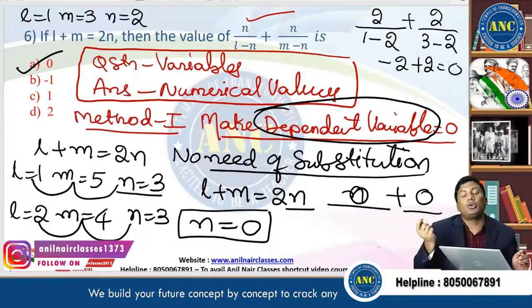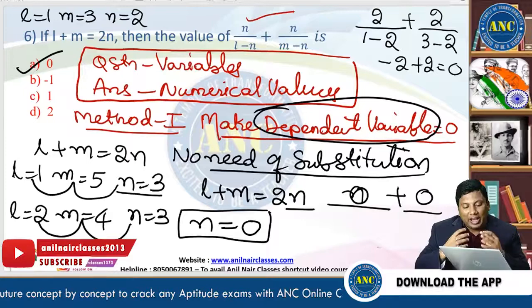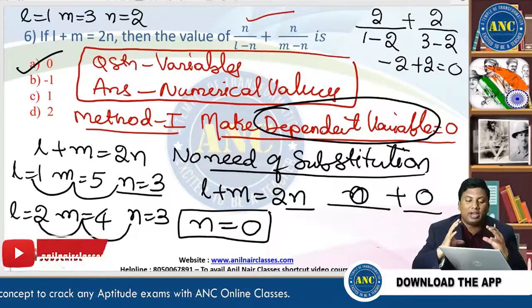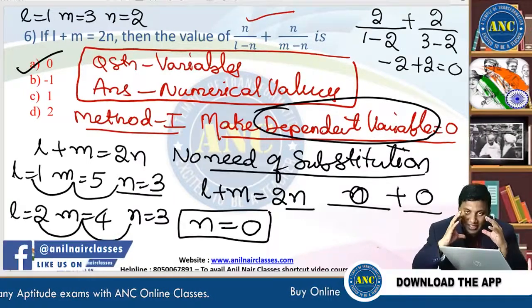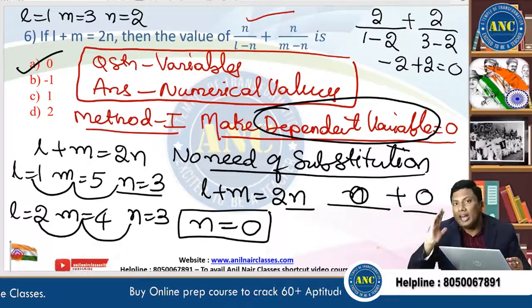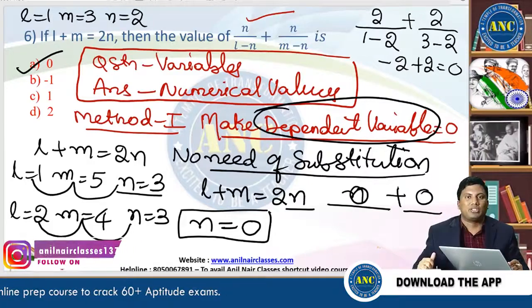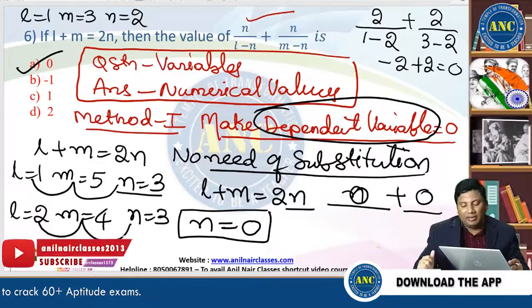Why do I want to waste my ink and start substituting when I know that L plus M equivalent to 2n? That means n value is totally dependent on L and M, or in other words, L and M are independent variables. N is a dependent variable.